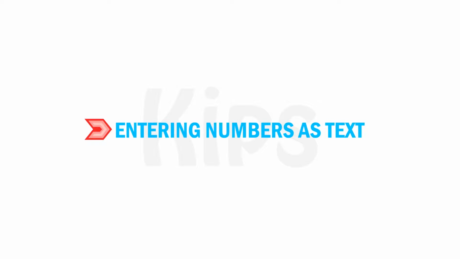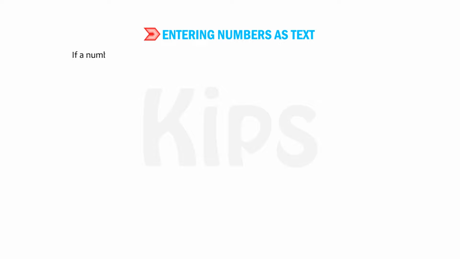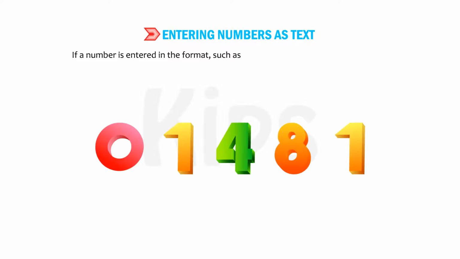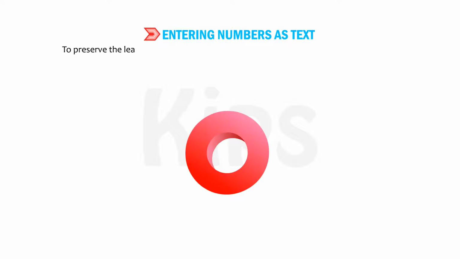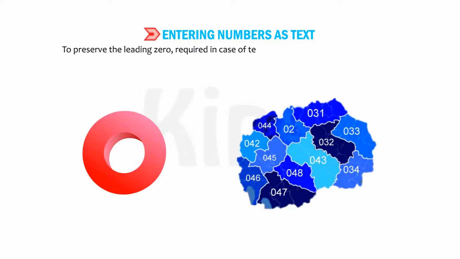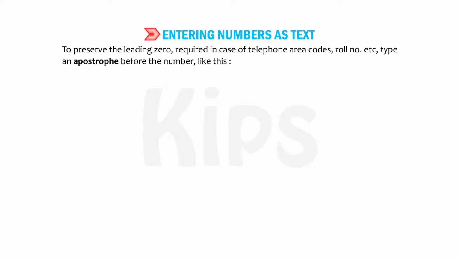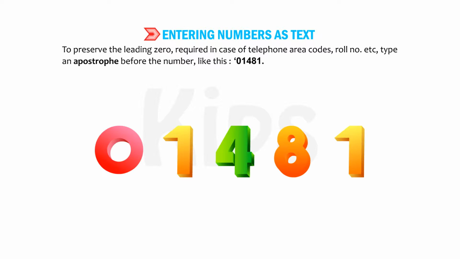Alright, now we will talk about entering numbers as text. If a number is entered in a format such as 01481, Excel will drop the leading 0. To preserve the leading 0, required in the case of telephone area codes, roll numbers, etc., type an apostrophe before the number, like this: '01481.